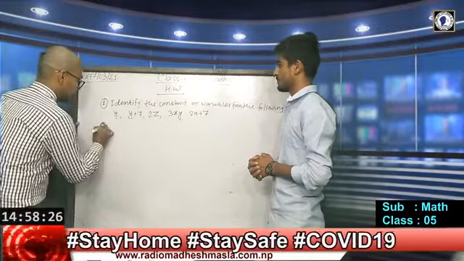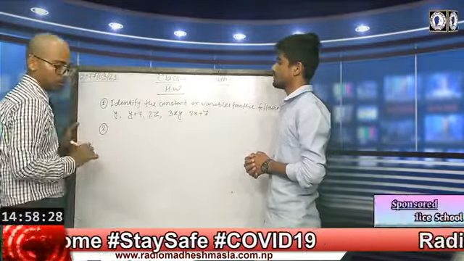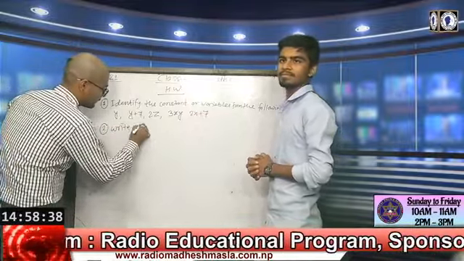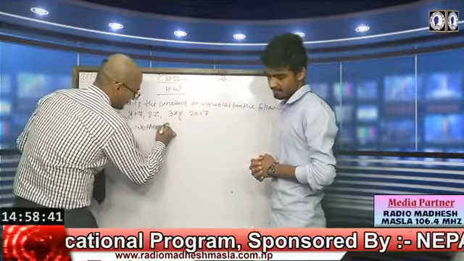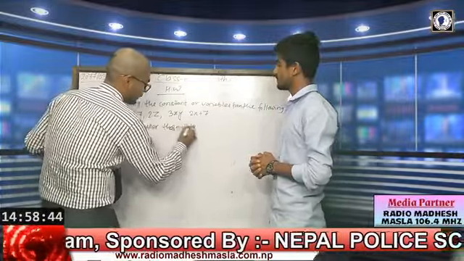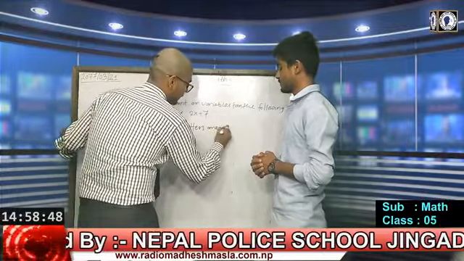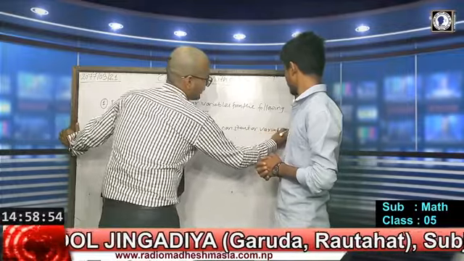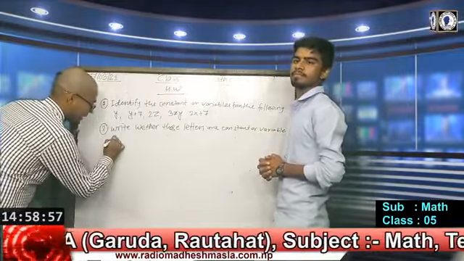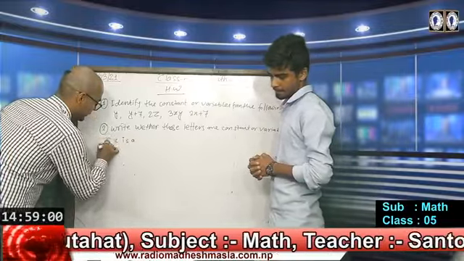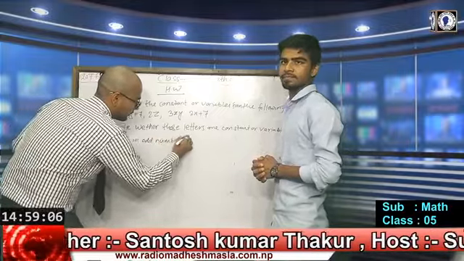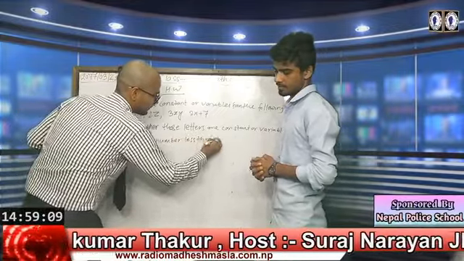Then in question number 2, you may have a question like this: write whether these letters are constants or variables. Question A: x is an odd number less than 5.